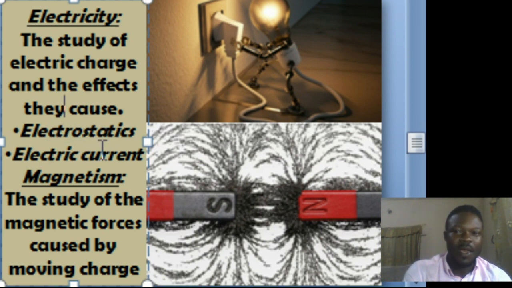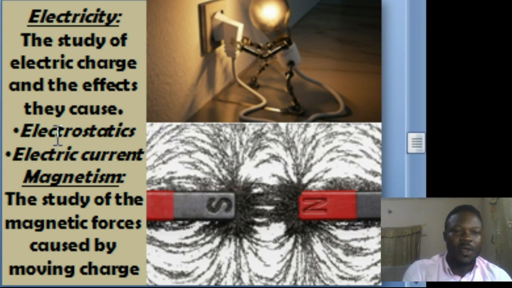As the name implies, we say static electricity. So charges that are stored, charges that are not moving, and the effects they cause.